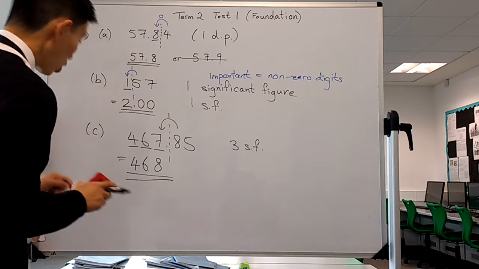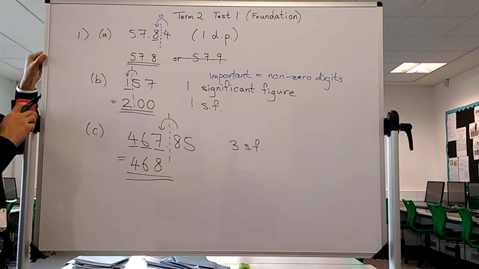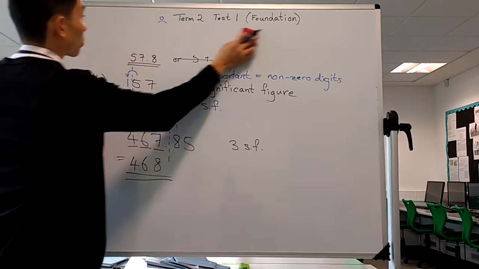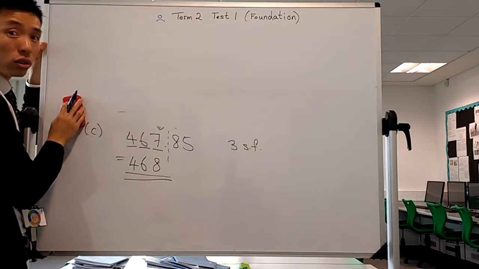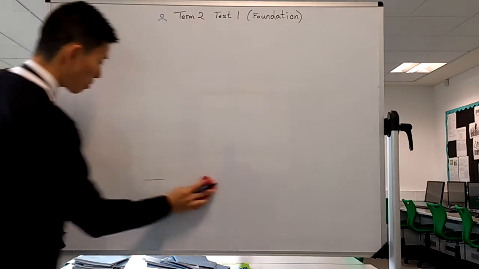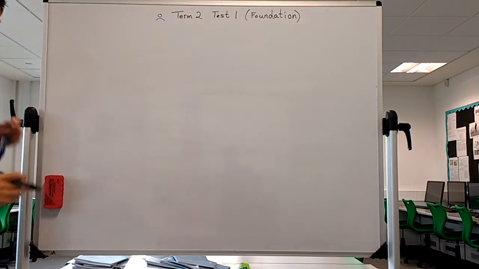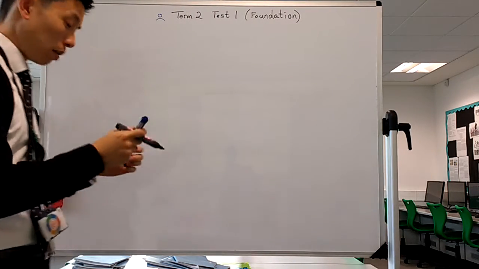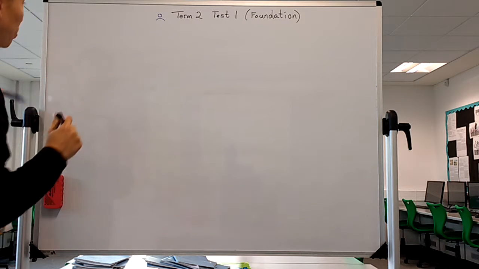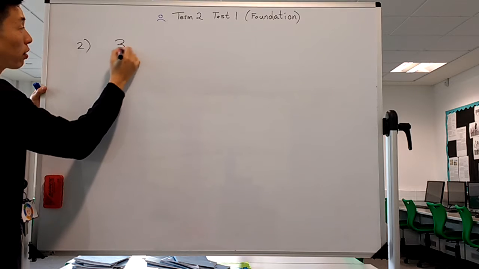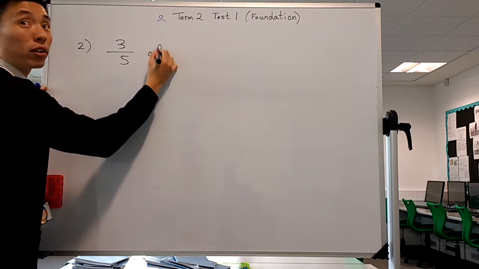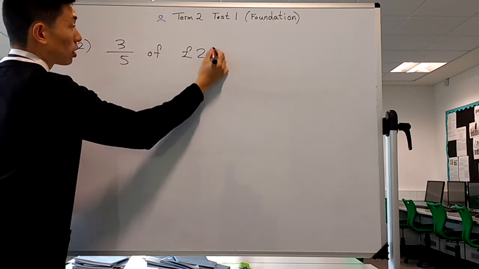Okay, so on to question 2. This is a fraction of a quantity. There are several ways to do this. In this video, I'm going to show you one way. For number 2, we are asked to find 3/5 of £20.